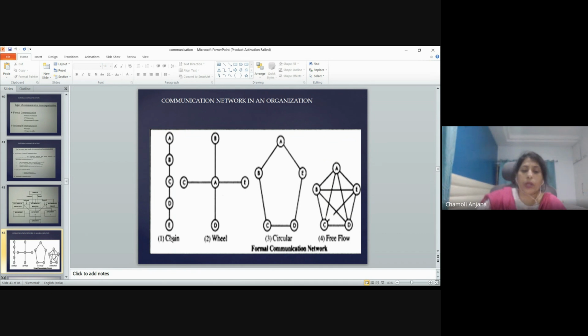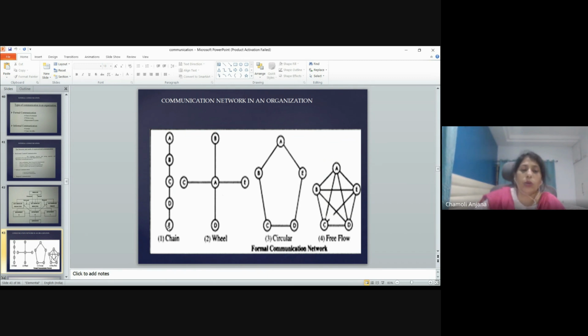In the chain network, the communication takes place in a hierarchy. This kind of network is usually there in a bureaucratic organization or a government organization, where it's like red tapeism, where a particular chain of command has to be followed.